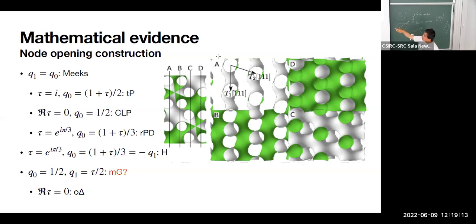And if you have this rectangular, and first layer here, second node here, third node here, and so on, you get CLP. And then you have this example.